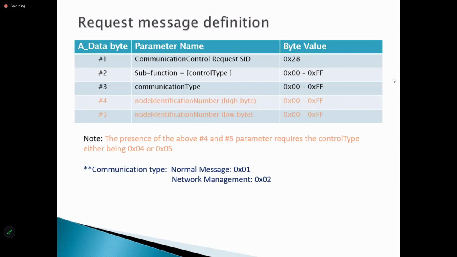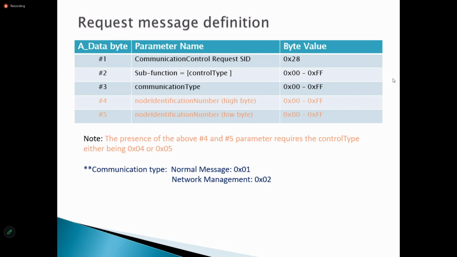If the communication type is 02, then only network management messages will be stopped or enabled. And if we want to enable or disable both, then we add 01 plus 02. It will become 03. Correct now?